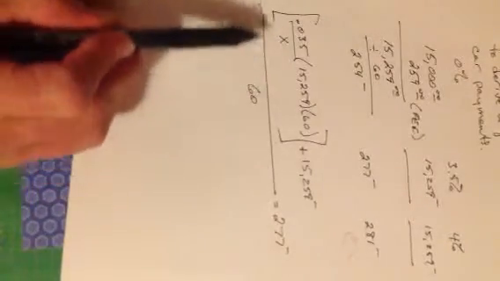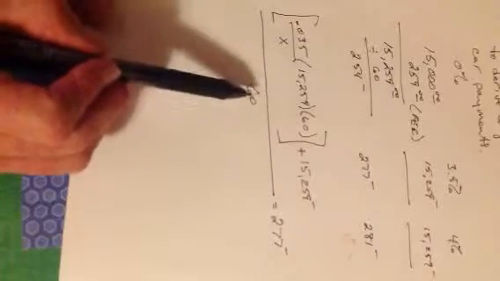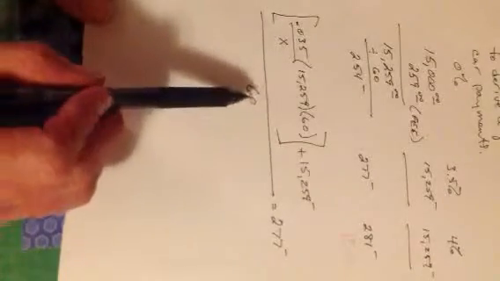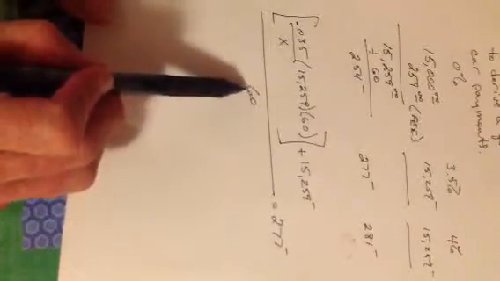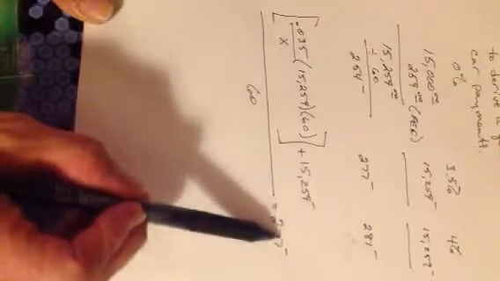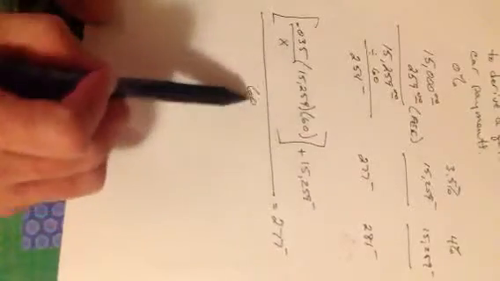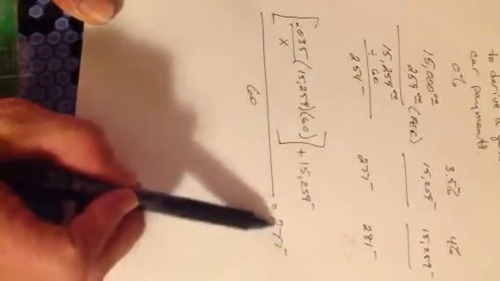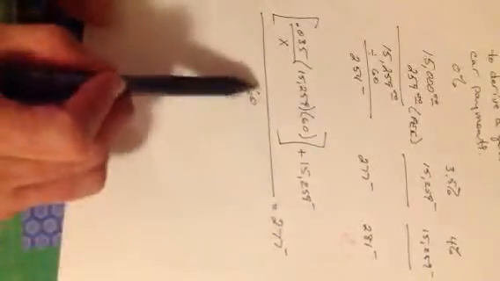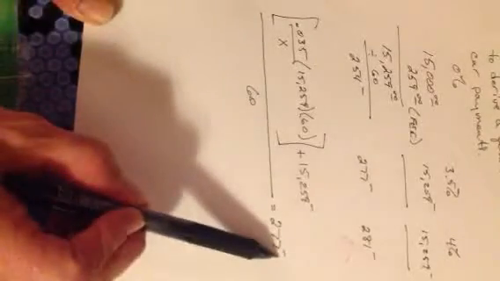First of all, I have this large fractional component down here. One of the math rules is you can take something from the denominator, move it across to the other side of the equal sign, and put it in the numerator. So instead of dividing this whole thing by 60, I can multiply by 60 and move it to the other side.